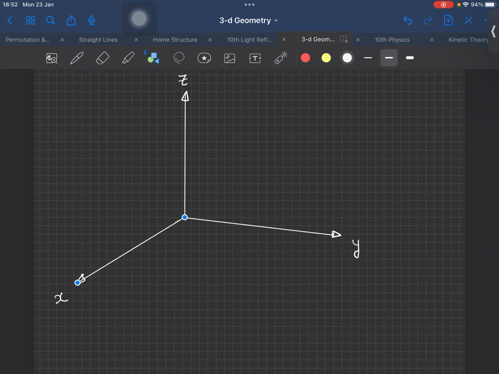Understood? Okay, so let's say this point is the origin, and we have a line anywhere in space, something like this.